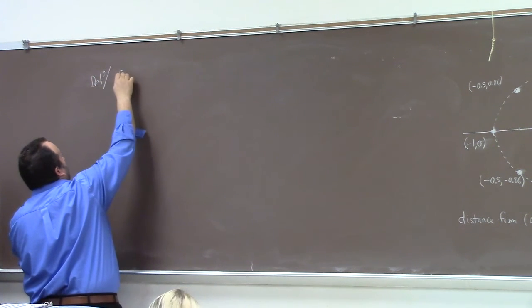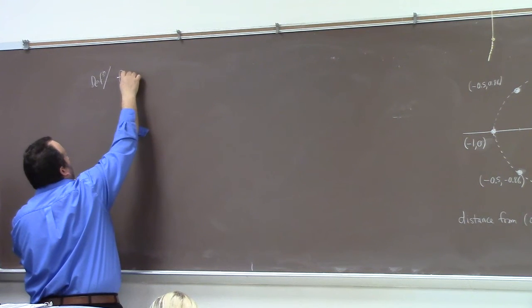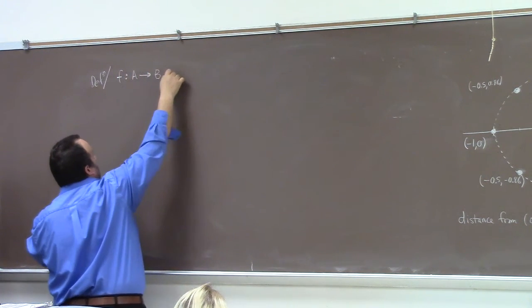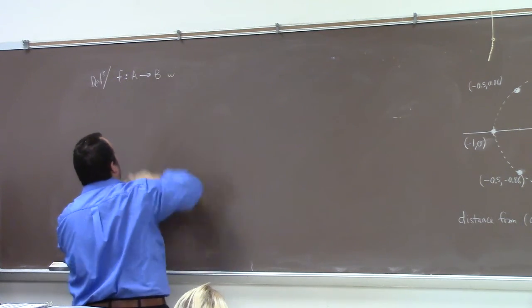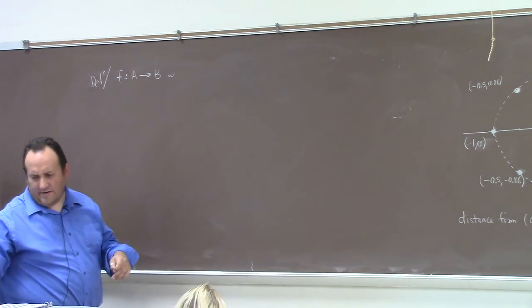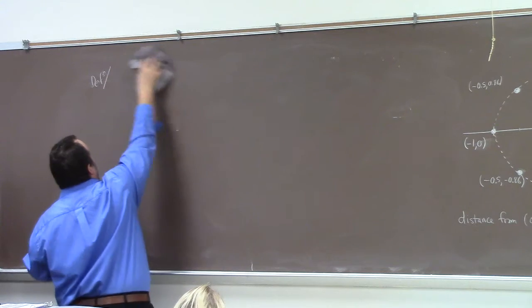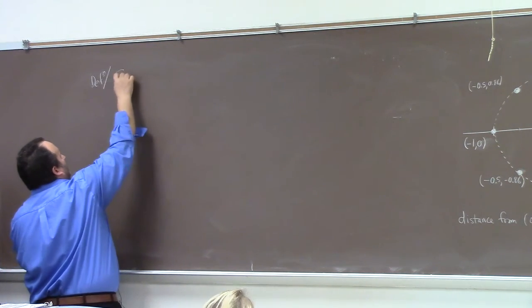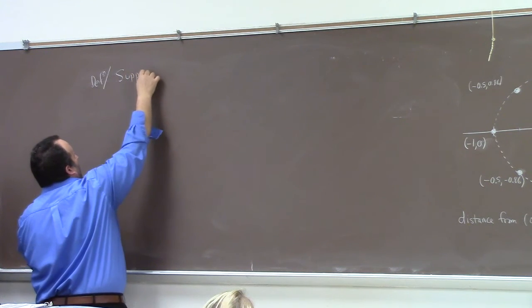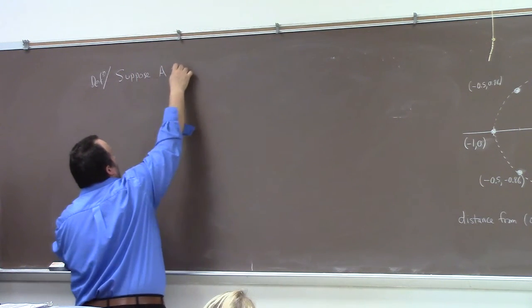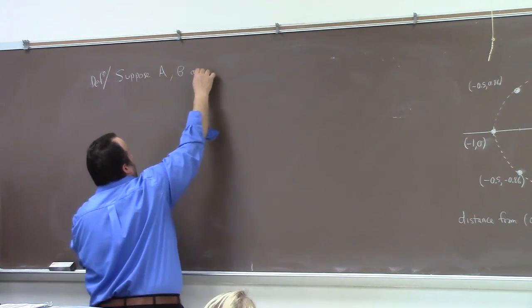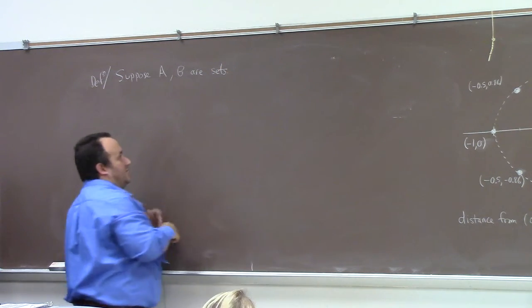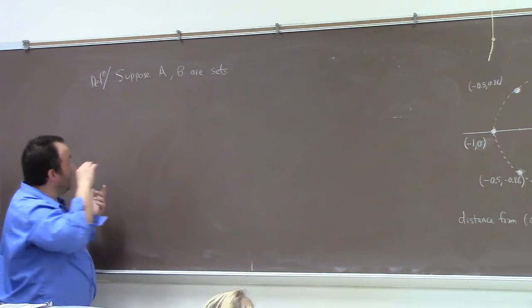Let me start it out right. Suppose A and B are sets. So that just means there's some collection of objects, okay?